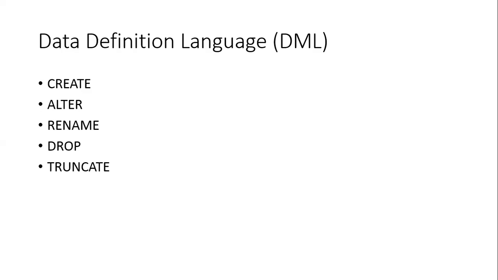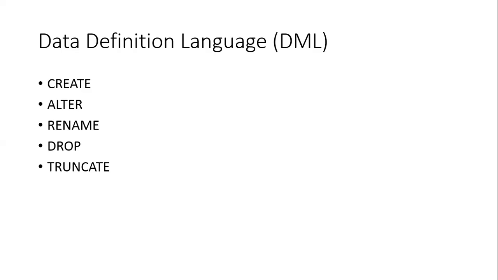Then number two, we have the alter statement. We have used the create statement before, and I think the alter statement was what we did in the last class, last week. It is used to make changes to a database object.